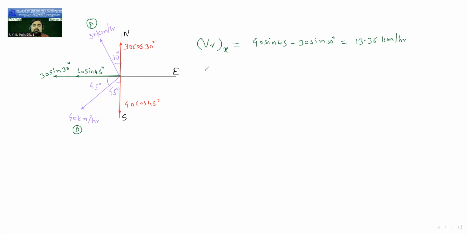So now we are in y direction. Now in y direction, you can see this is your y direction. Both of them are moving in opposite direction or in the same direction? Opposite. So here you will add or minus? Add. So here it will be 30 cos 30 plus 40 cos 45. What is the answer? 54.26.